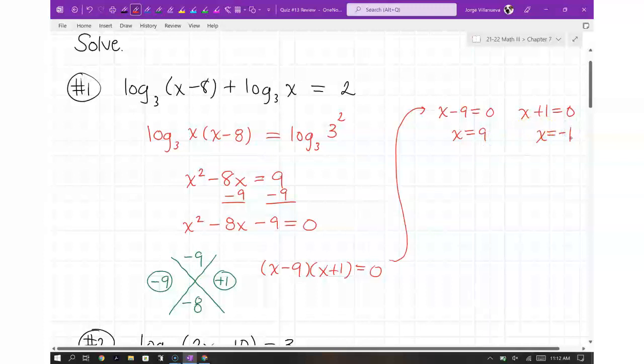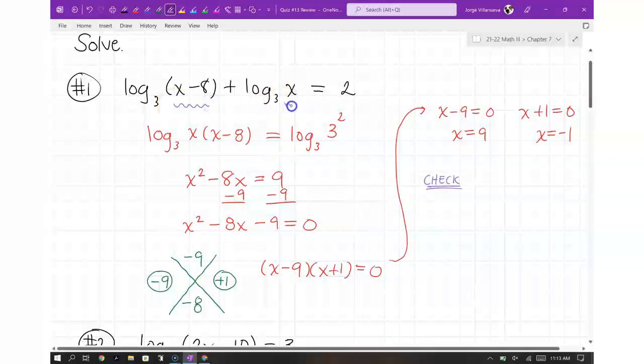Now remember, at this point, good for us. We solved. We're good. But you got to check, right? You always have to check your answers. So you're going to do a quick check step for 9 and for negative 1. Okay? So let's plug it into any one of these right here, okay?